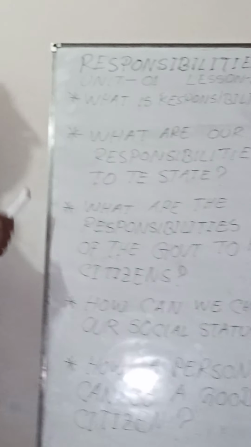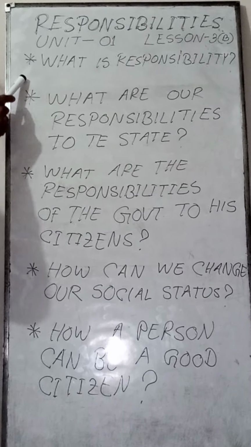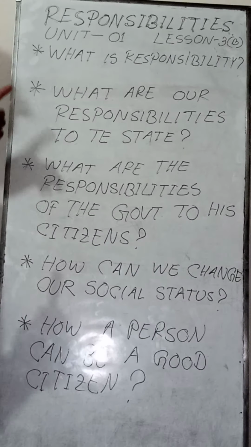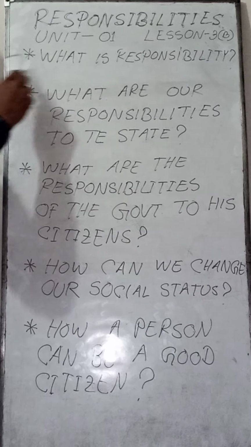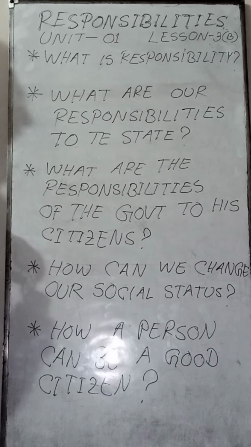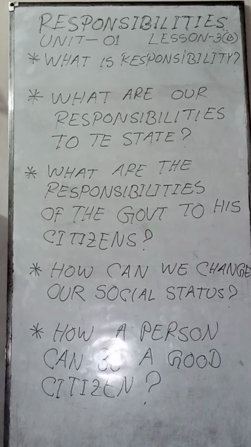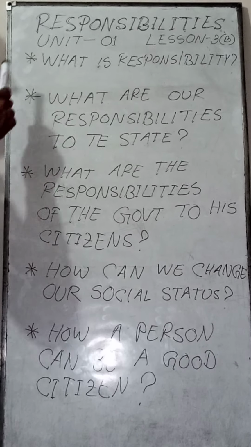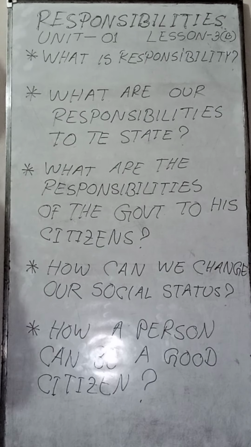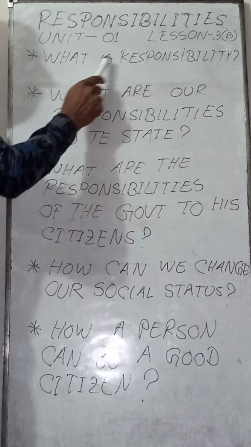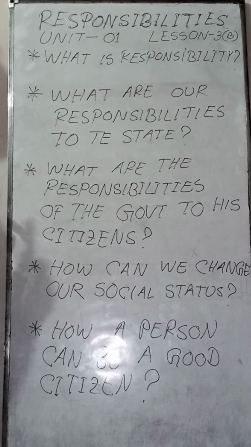Now let's go to the board. I have discussed what responsibility is. Responsibility is a word that refers to what to do and what not to do. For example, we should obey our parents. We should look after our parents during their old age. Every student must go to school and learn their lesson.